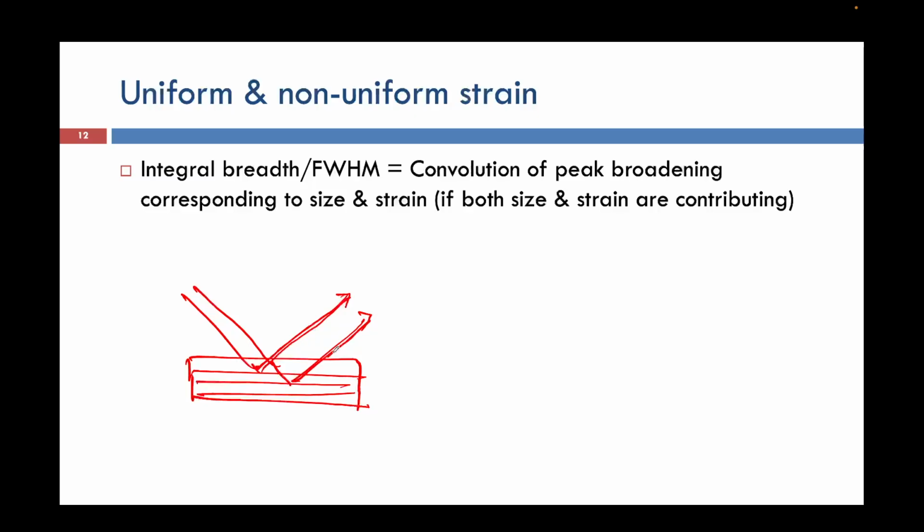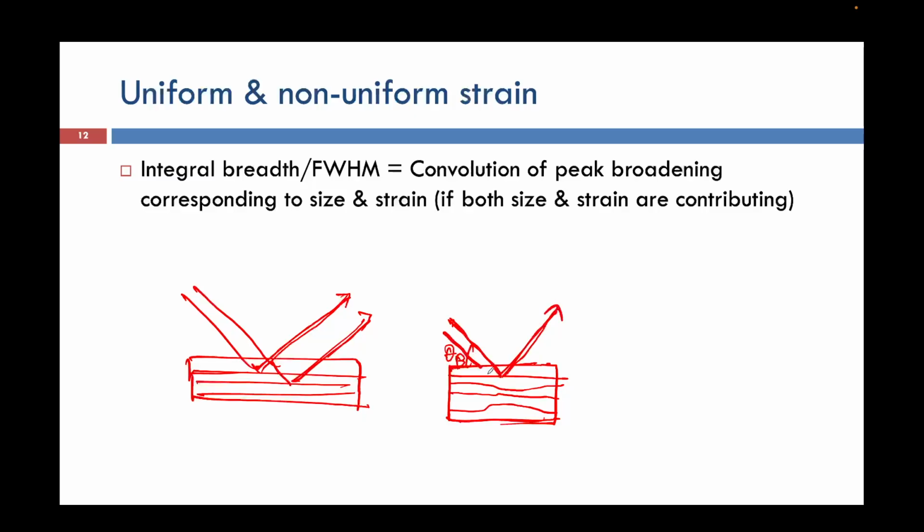However, let's say some amount of strain is associated with it, or instead of these planes staying completely in one direction, a little bit of misorientation has happened. First one is this, second one is this, third one is this. In that case, since the beam is coming at the Bragg angle, some amount of reflection will go here.